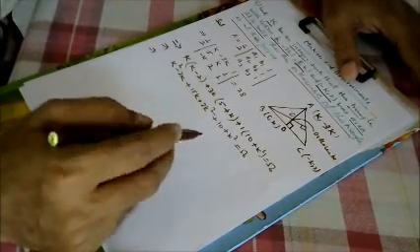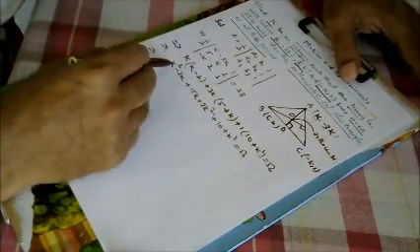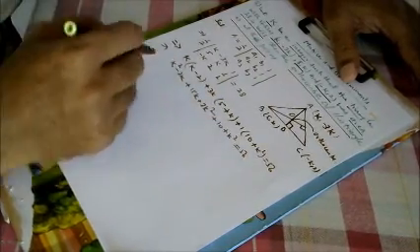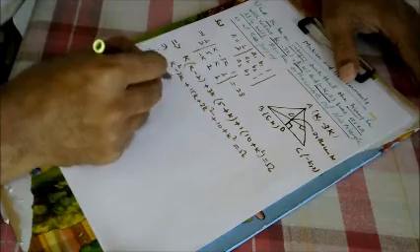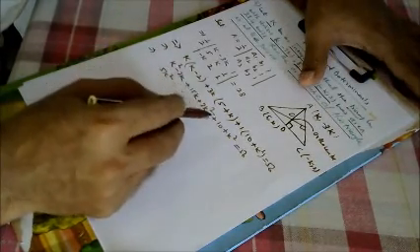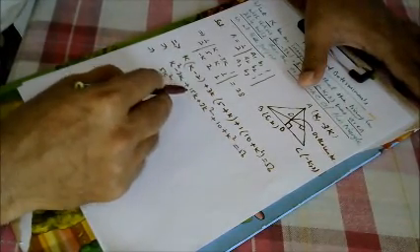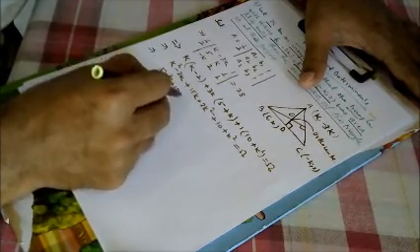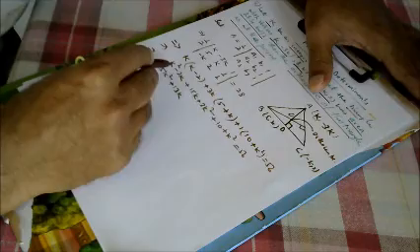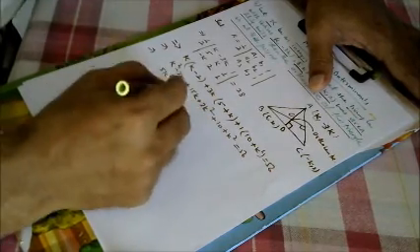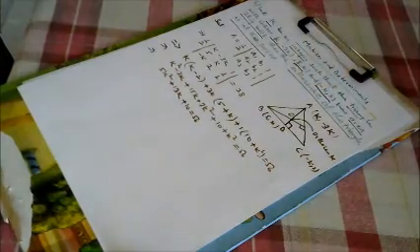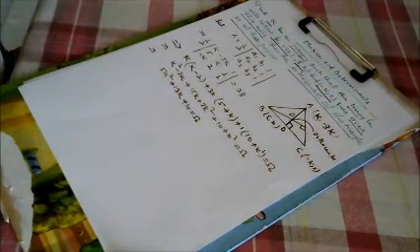From here, k square: 3k square, 4k square, 5k square. How many k are there? Here 15k is there, minus 2k is there, so plus 13k. So this all is solved, and plus 10 is equal to 56.